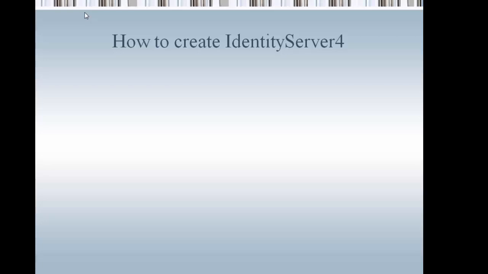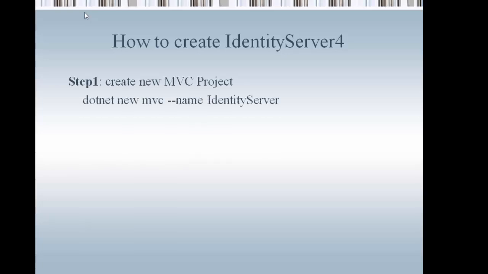Now we will move to Identity Server 4 and see how to create an Identity Server 4 application. This is also very simple, like our Angular client application. We will create a new MVC project by using the .NET CLI.